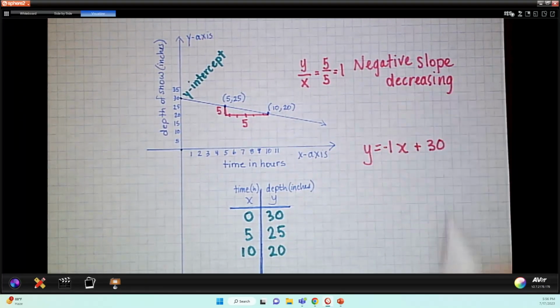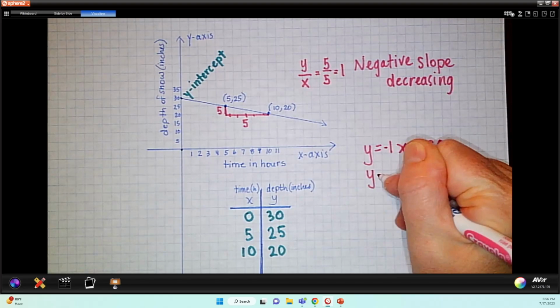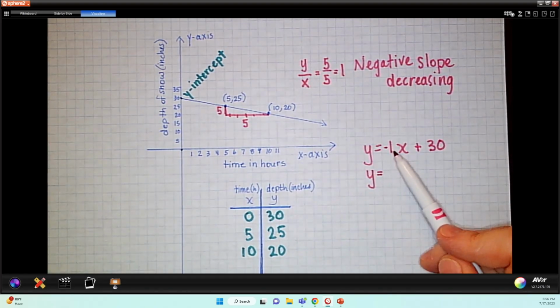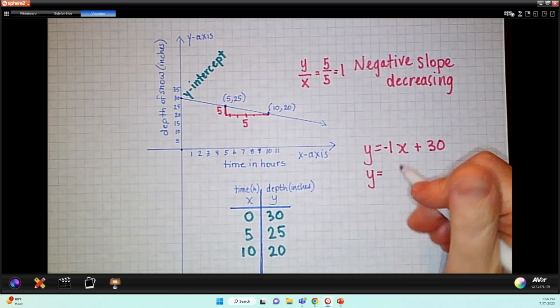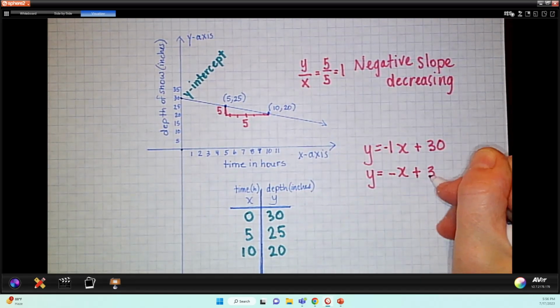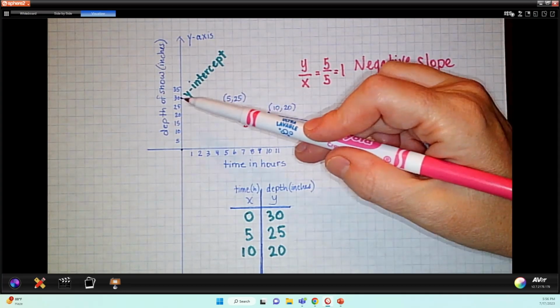So we want to make sure we include the negative sign. And like we have discussed in previous videos, they can put the 1 in front to show that this is a negative 1x, but they could also just say negative x plus 30. The snow is melting at 1 inch per hour, starting at 30 inches.